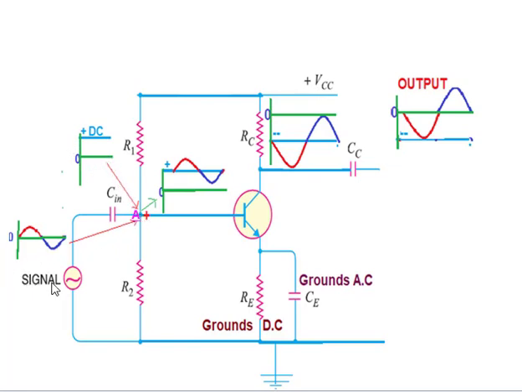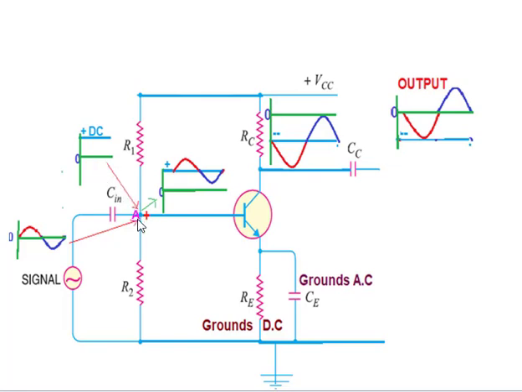Now we switch on the audio frequency oscillator, feeding some input signal with particular frequency here. This capacitor allows the AC signal to pass through it. At this point, already a DC level is here. Now an AC signal is coming here.